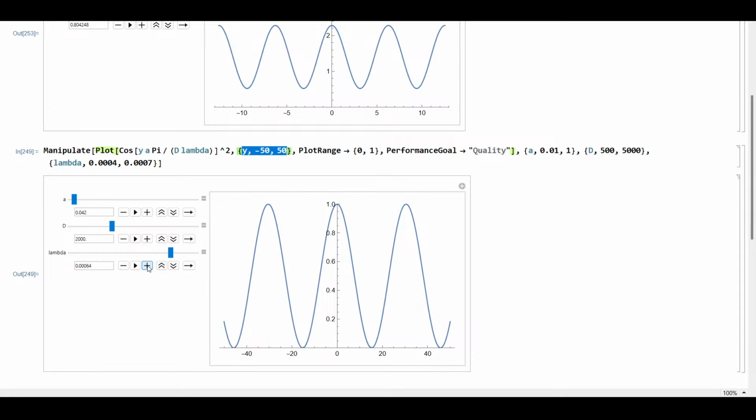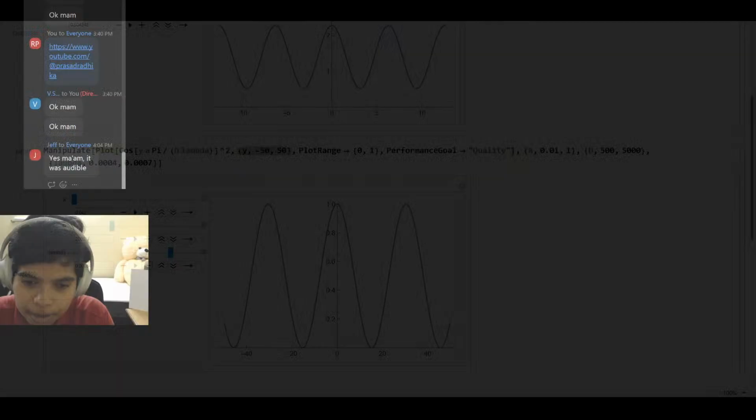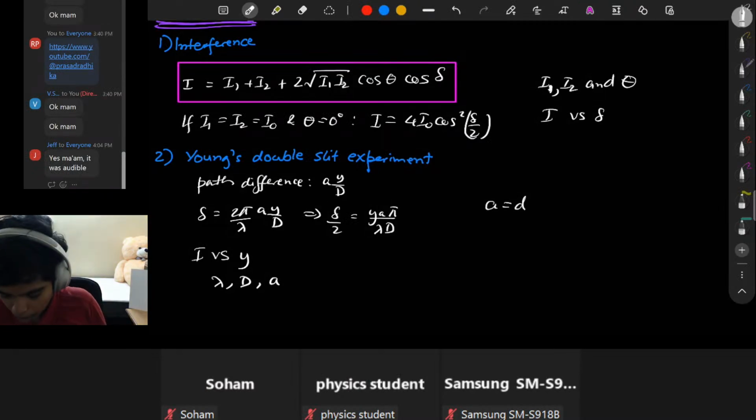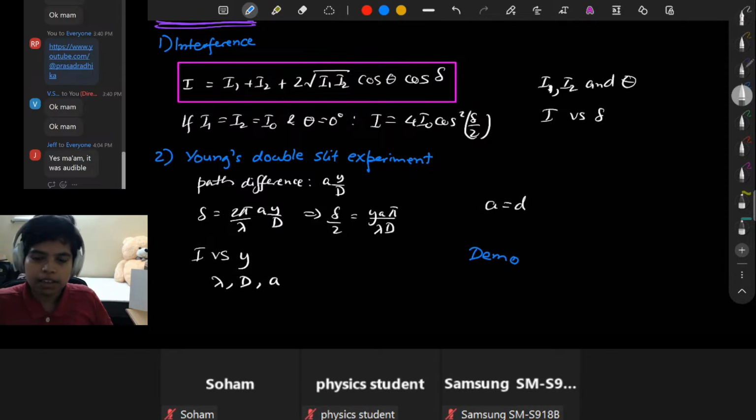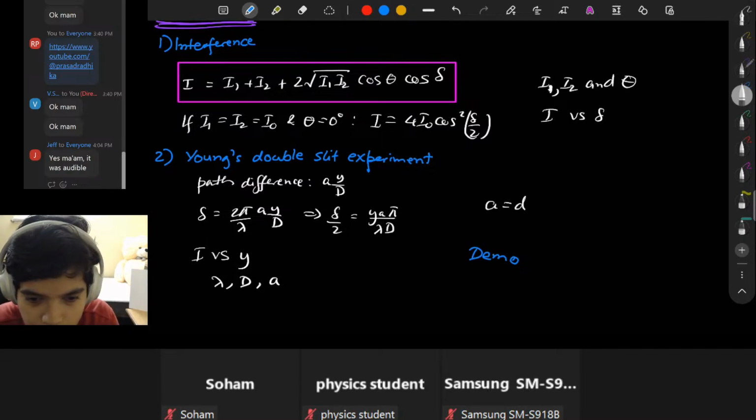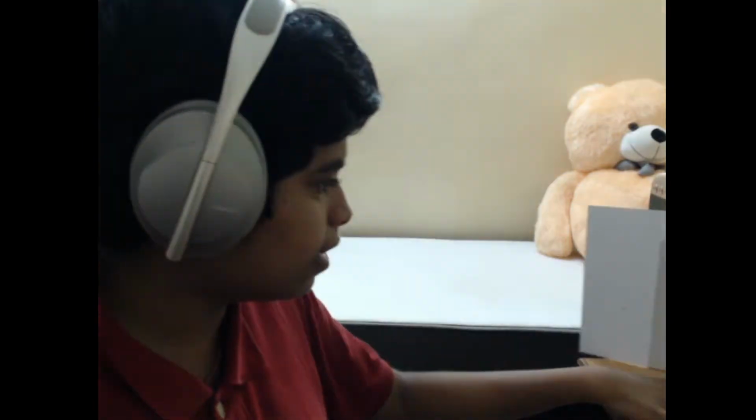So this was about the simulation. Now I want to show you some demonstration of the Young's double slit experiment as well. Although I'm not sure if I will be fully able to show you. So I have also planned a demo. Let's see if it is possible to see that. So let me focus on the camera. I have this screen over here with me.